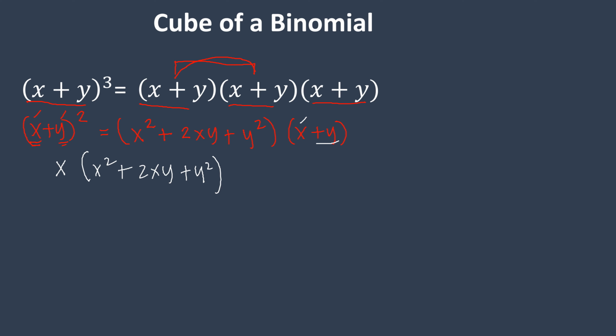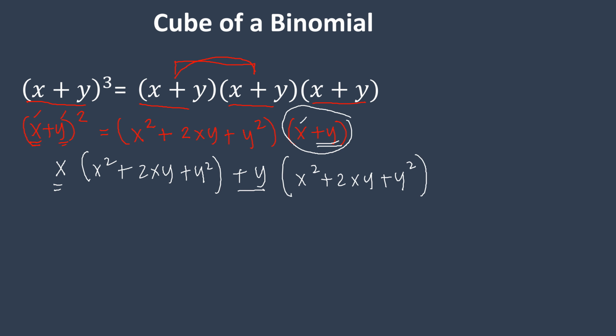This second set is already here, x plus y, and we still need to copy x squared plus 2xy plus y squared. I am just giving you the long method, and then I'll introduce the shorter method after this.